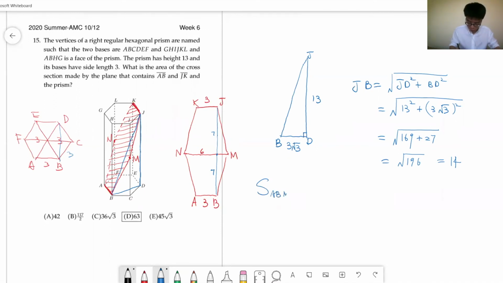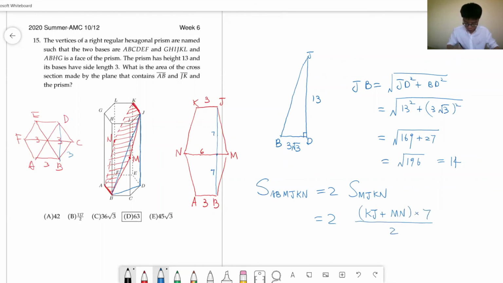Now we can find the area of this cross section. ABMJKN is twice the area of trapezoid MJKN. The area of the trapezoid is (KJ plus MN) times 7 divided by 2.